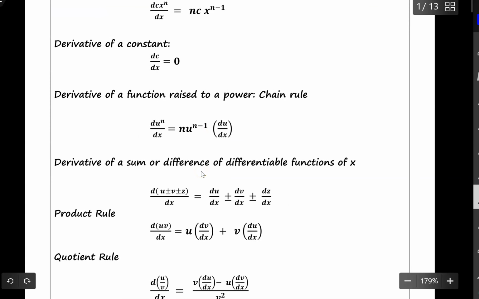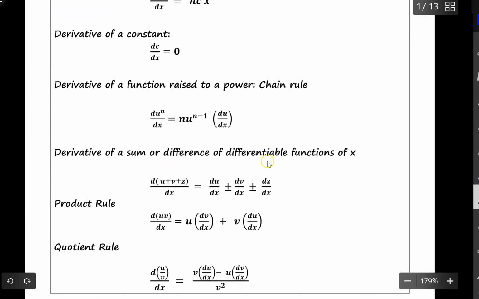Now, for the derivative of a sum or difference of differentiable functions of x, you have the derivative of function u plus function v plus function z, so you can differentiate each one individually. I will talk about the product rule and quotient rule later in the lesson because those rules are a bit complicated.